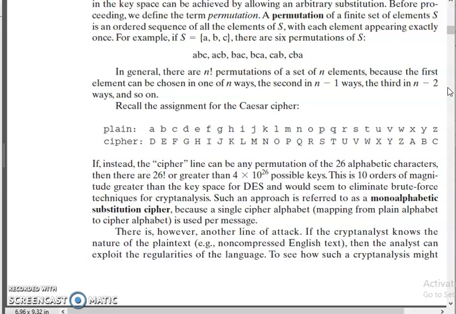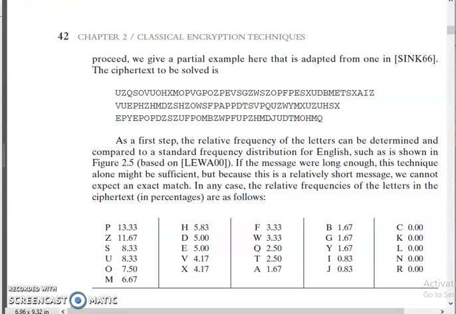If the cryptanalyst knows the nature of the plain text, then the analyst can exploit the regularities of the language. In the Caesar cipher, a brute force attack will easily reveal the plain text and the key, but in the monoalphabetic cipher, another attack happens. What is the attack?